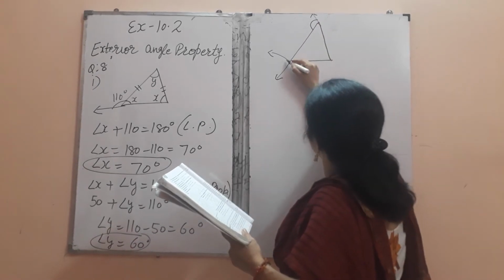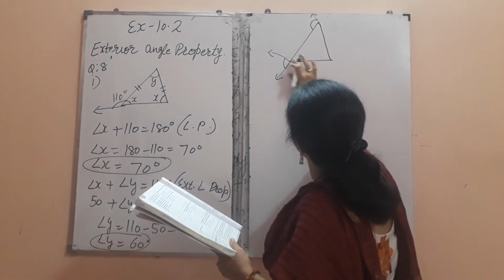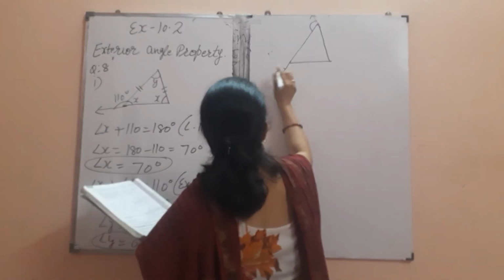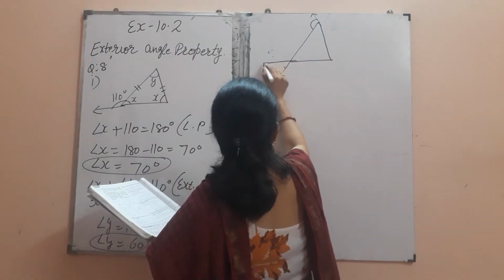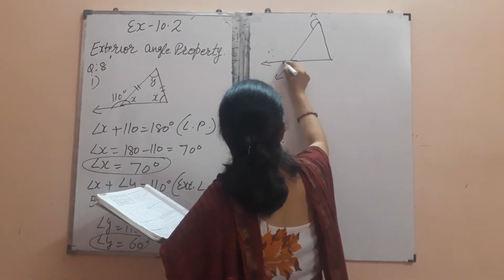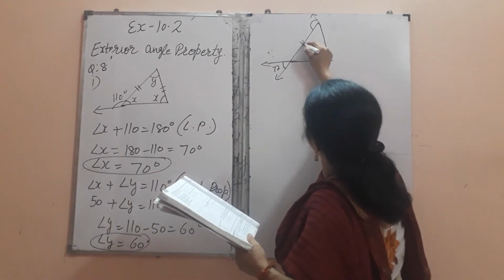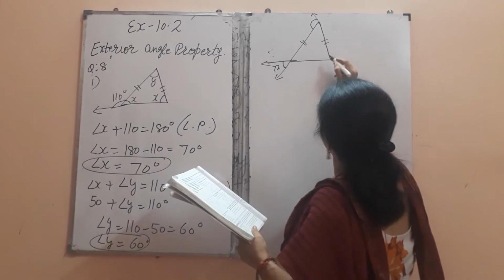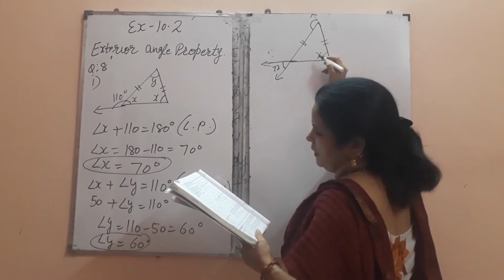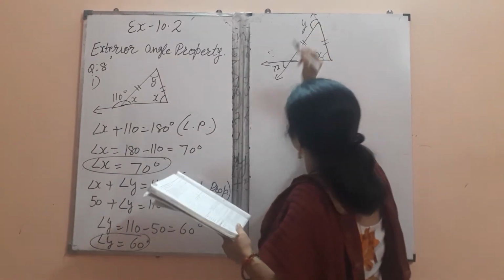This is 72. This is 72, and this side is equal. This is x, and this is y.